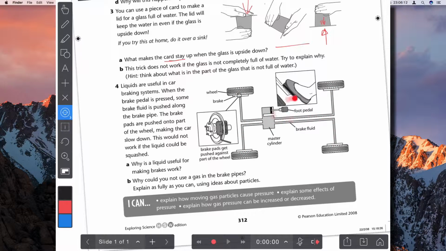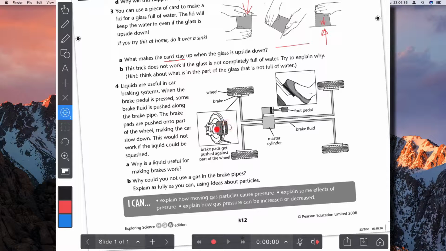So the liquid is just transmitting the pressure, which means if you press down on the foot pedal, that pressure is transmitted through the master cylinder and the rest of the pipes to the wheels where you've got the brake pads. They get pushed against part of the wheel.